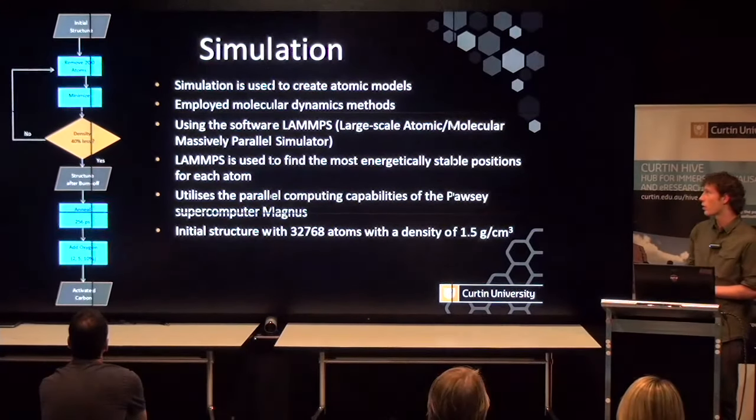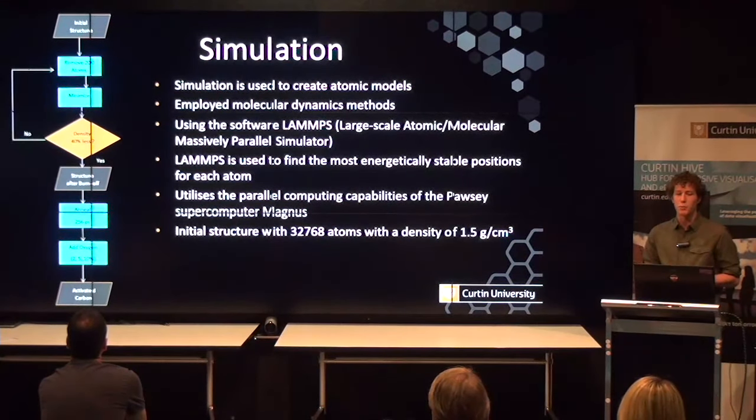So to simulate it, we employed molecular dynamics, and we use the software LAMMPS, and this software is designed to find the most energetically stable position for each atom. So if two atoms are too close together, then they're not going to be as energetically stable as if they're at the right equilibrium distance.